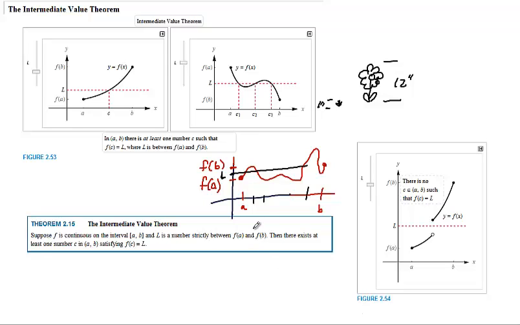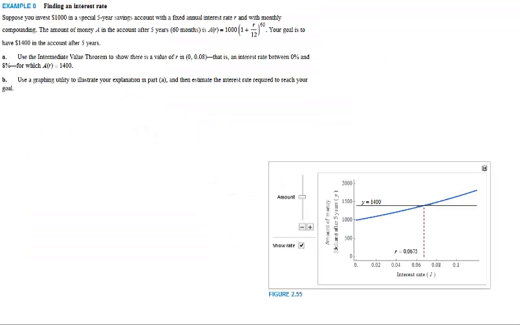So in other words, you can't get from point A to point B and their associated y values without going through something that's in between them. Intermediate value theorem. Okay, we're going to use the intermediate value theorem for this particular problem. They've given me a scenario.